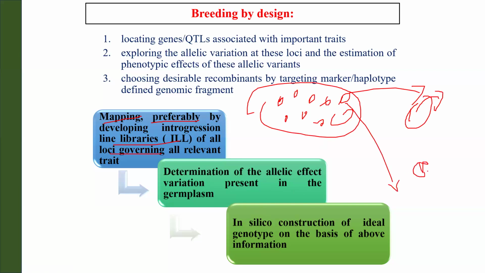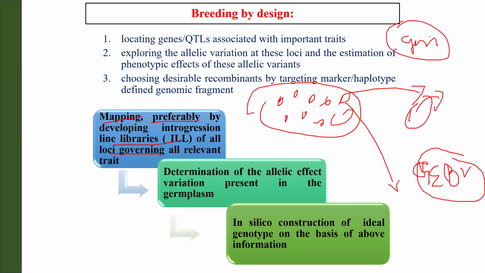We can test the genomic estimated breeding values, that we will discuss while discussing genomic selection. We are now at the stage where we can predict, if there is a SNP or any gene or any allele, what the effect of this allele on the phenotype is.